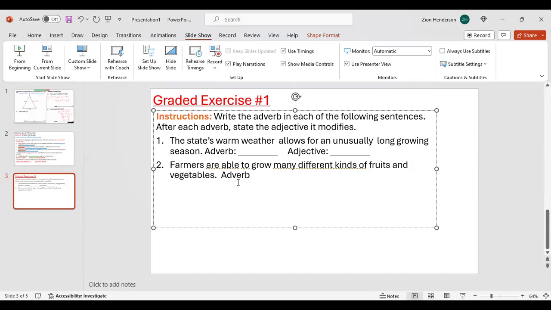So adverb and adjective. And then number 3, the broccoli and spinach.